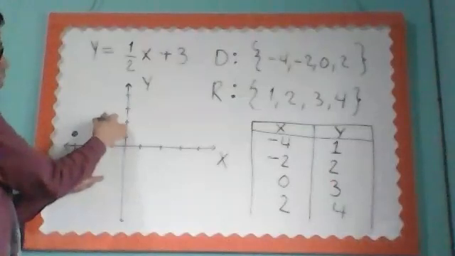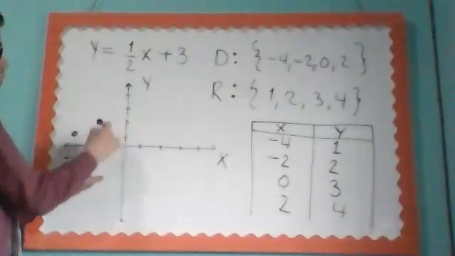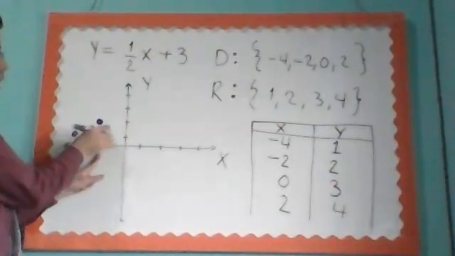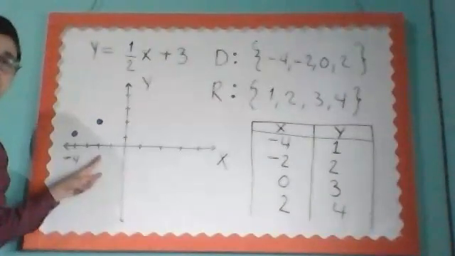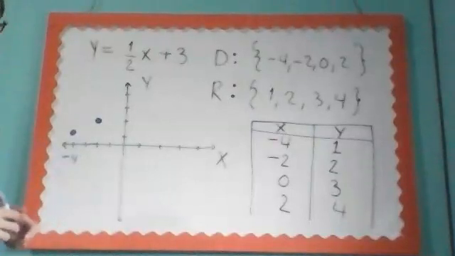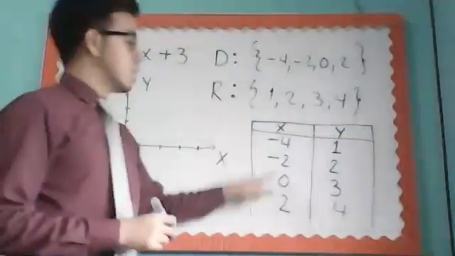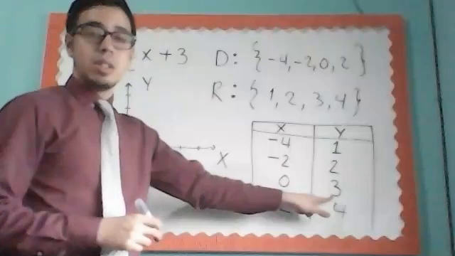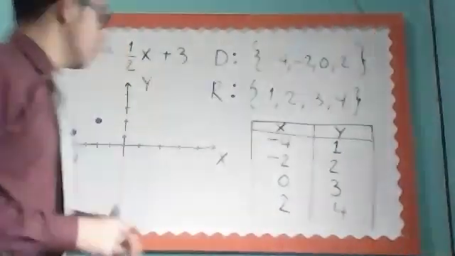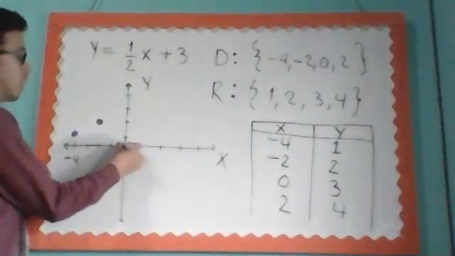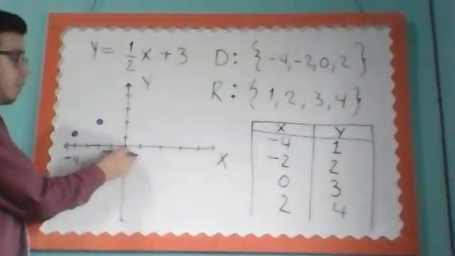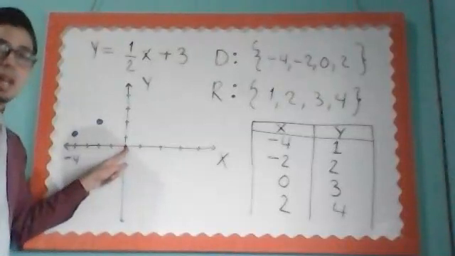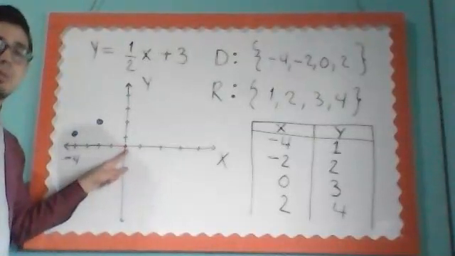My point is going to be located in here: -2 for the x and +2 for the y. The next one, when x is 0, y is 3. In the center of the graph is going to be 0 for the x and 0 for the y.